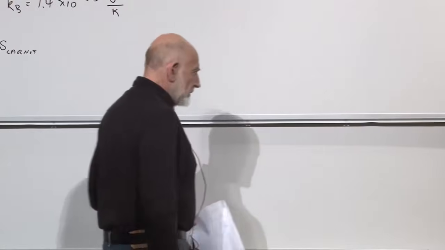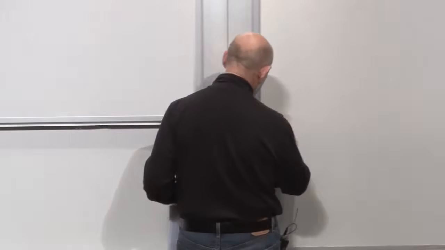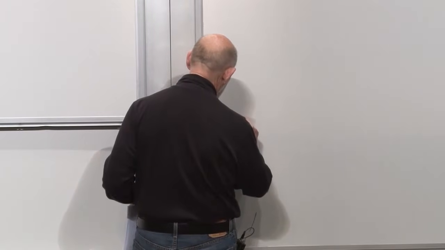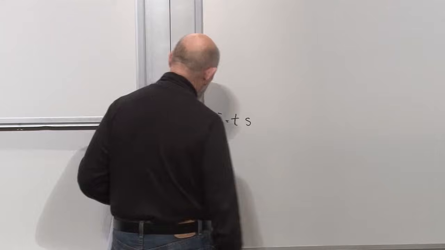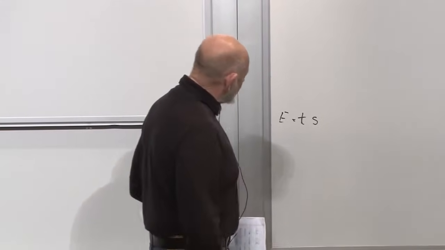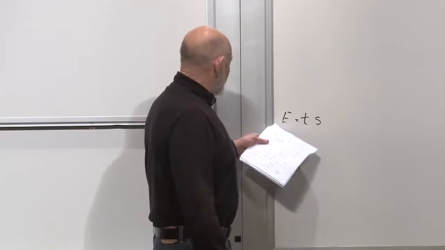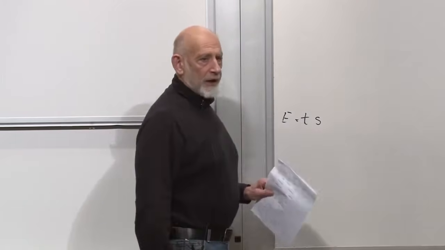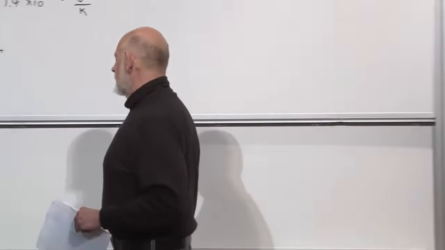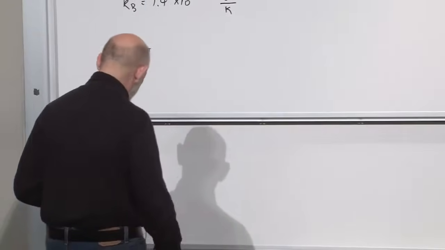Let's see, what are its units? It's energy divided by temperature, but if temperature is measured in Kelvin, then it's joules per Kelvin. All right? Joules per Kelvin was Carnot's unit of entropy.